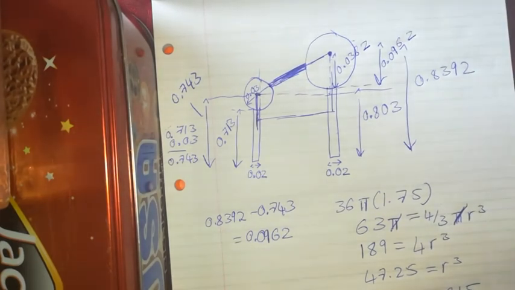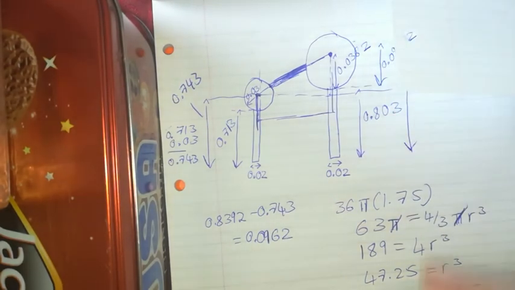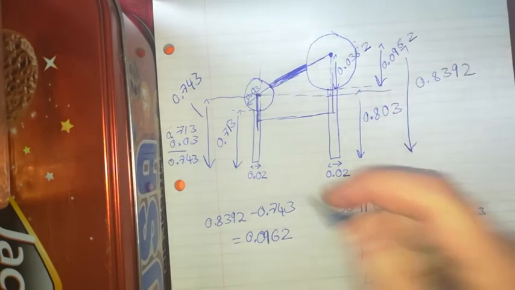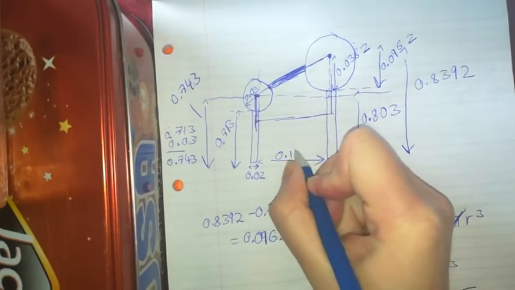So the distance x is equal to, just getting the distances. The distance in between each of these was 0.115.